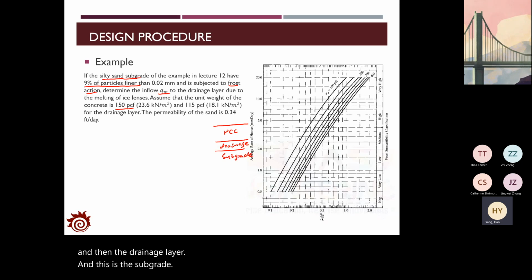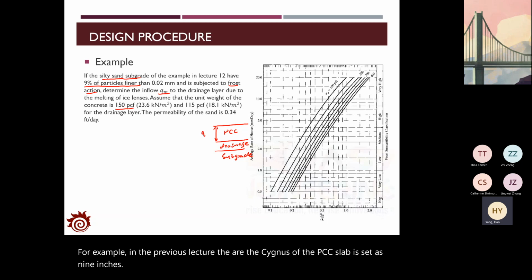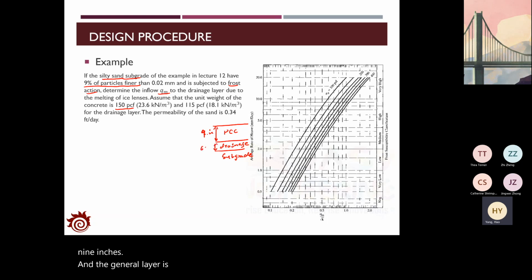We also know, from the example in the previous lecture, that the thickness of the PCC slab is 9 inches, and the drainage layer is 6 inches.